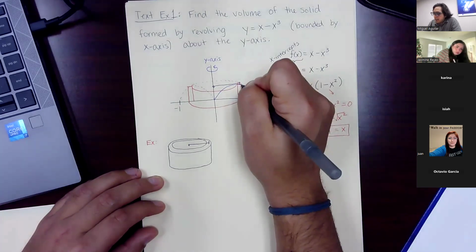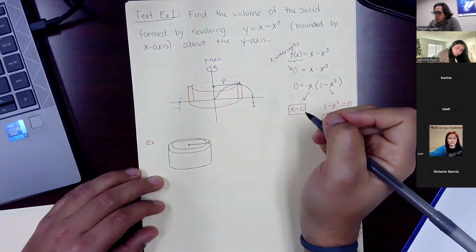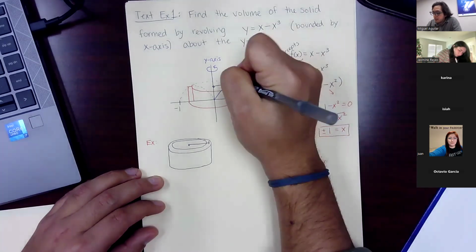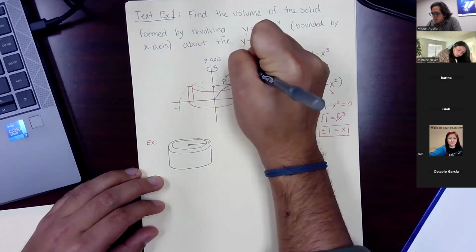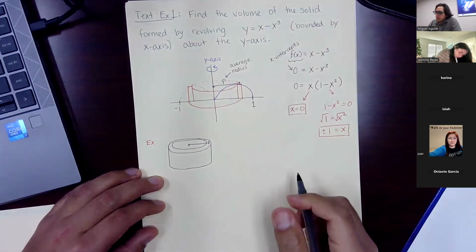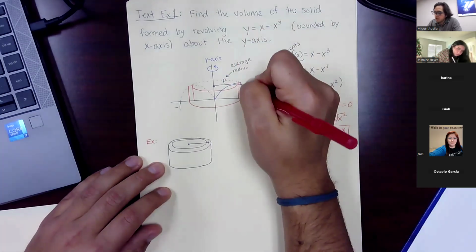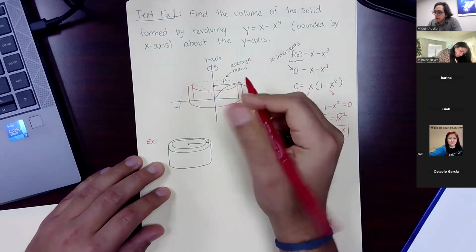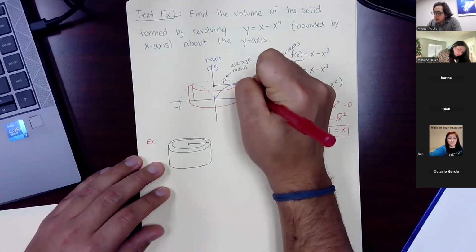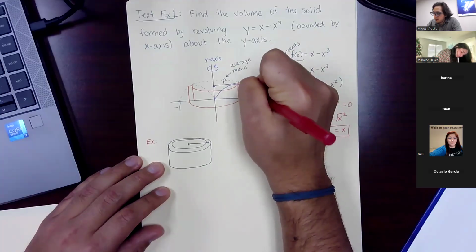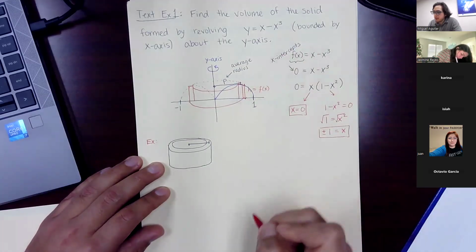I'm going to put p there for the radius. And then the height of the shell is determined by the height of the function. So the height here is just the function that we have ourselves, f of x.